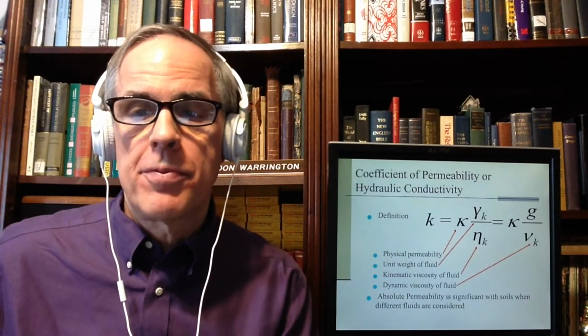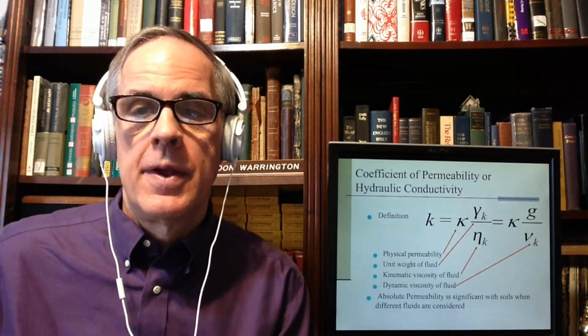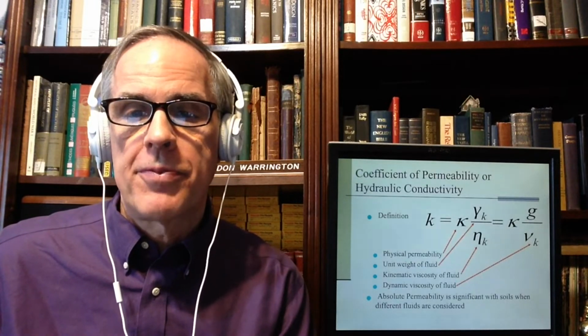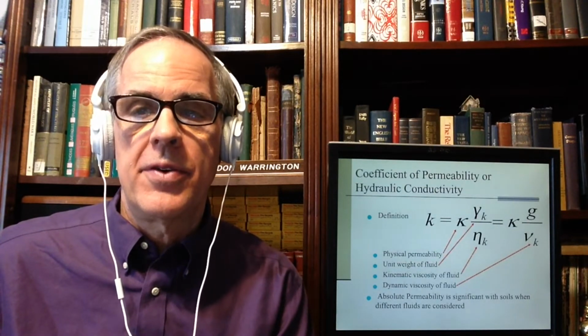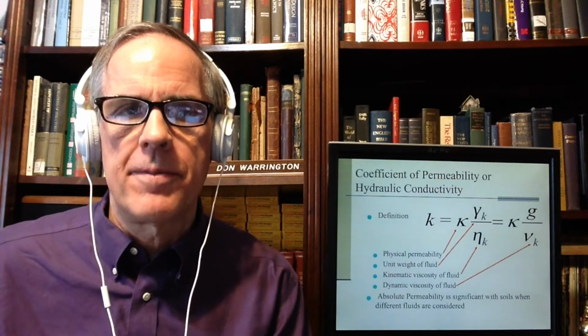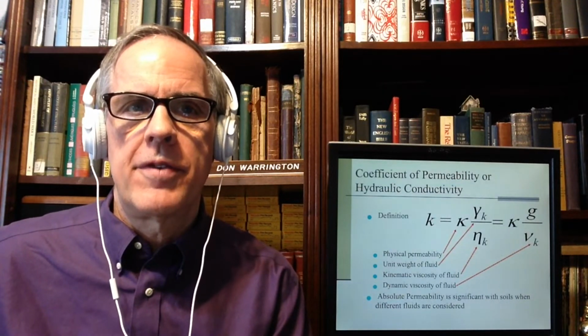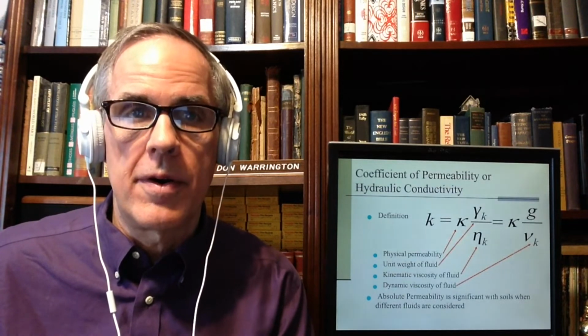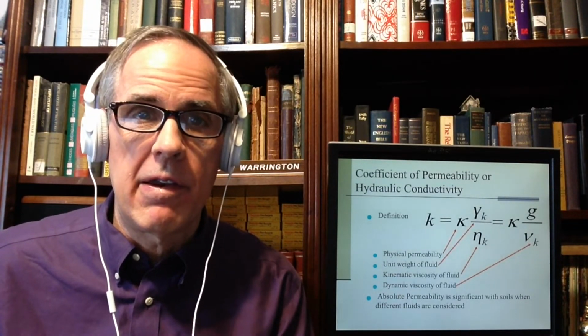The physical or absolute permeability is only really significant, and this is where the environmental part comes in, if we have something flowing through the ground other than water, like gasoline or some other noxious stuff.